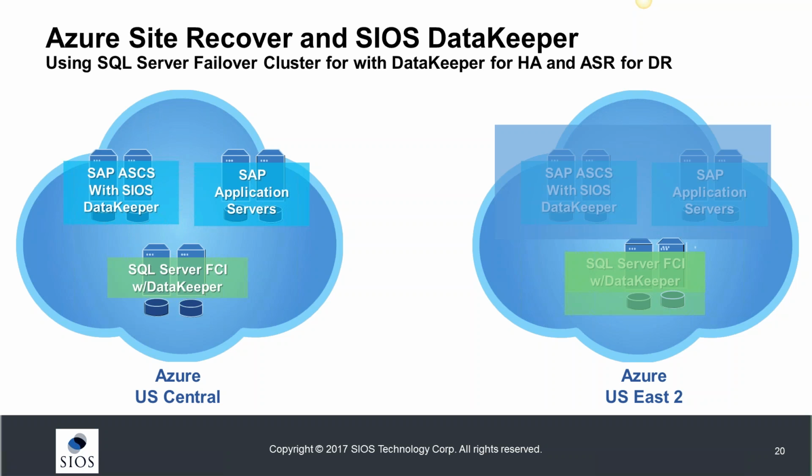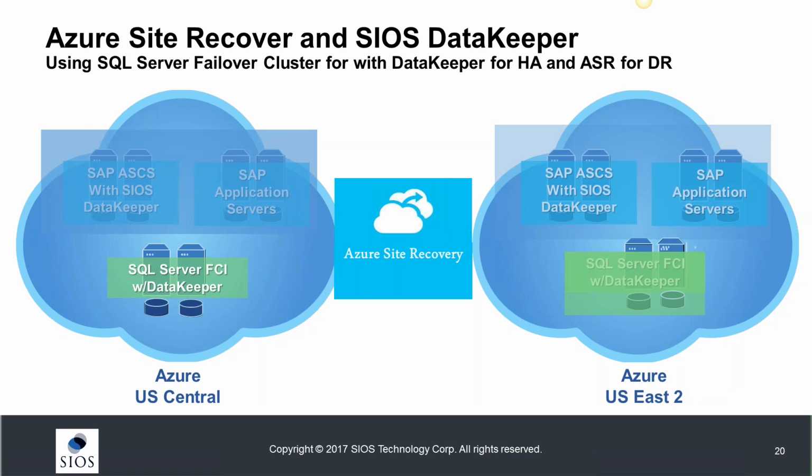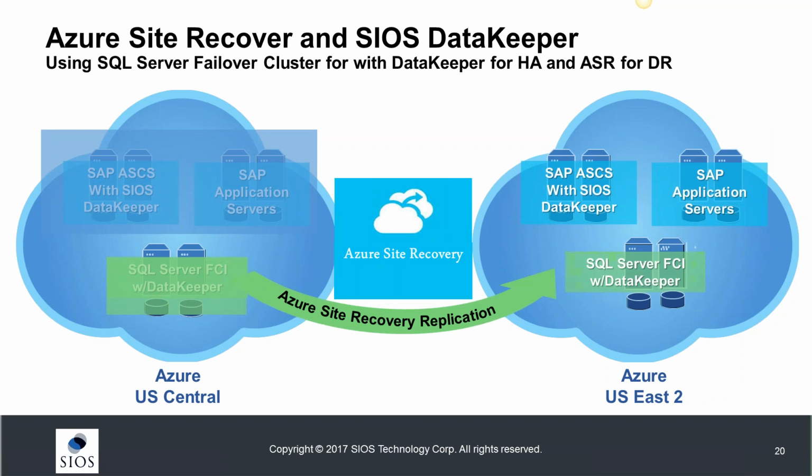But essentially, you can build a 2-node SQL Server Failover Cluster instance with Datakeeper and use Azure Site Recovery to not only replicate all your application servers, but also replicate the 2-node SQL Server Failover Cluster instance.